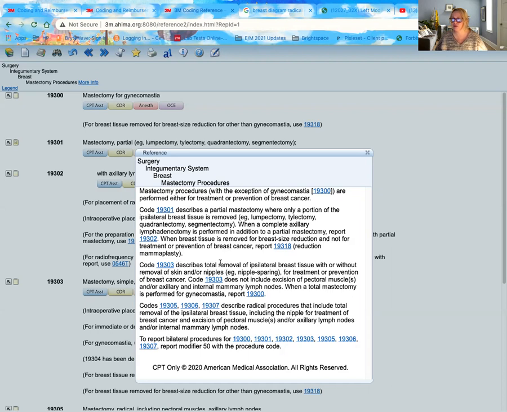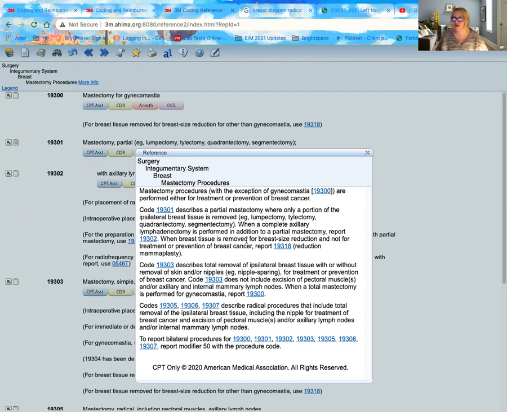A complete or total removal is of the entire breast with or without the skin or nipples. The option also does not include pectoral muscles or any of the internal mammary lymph nodes. Okay. And then our radical ones, which does include the nipple, and the pectoral muscles and or axillary lymph nodes or modified versions of that.